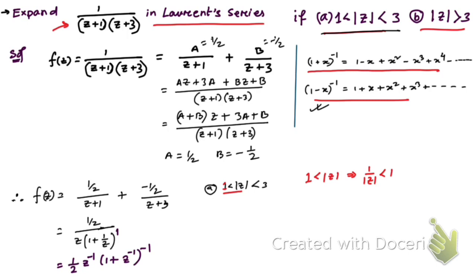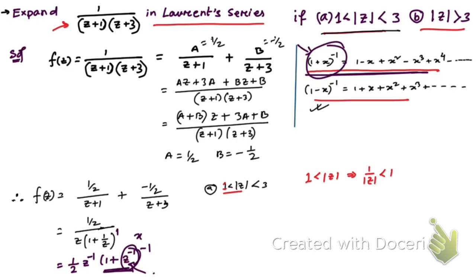Now we can apply this identity. Before you apply it, make sure that x is less than 1. That means this term here, you are writing z to the power minus 1 instead of x.